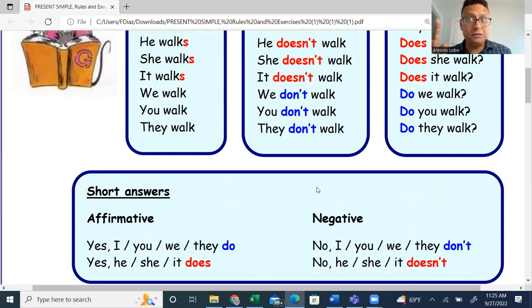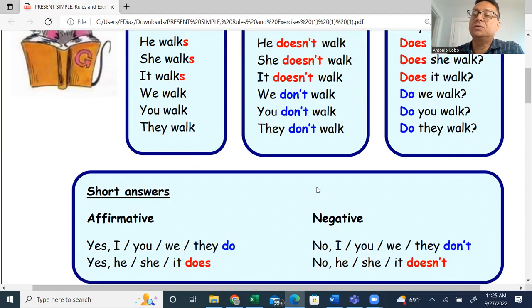Do you like to drink beer? I can give you a short answer. Yes, I do. No, I don't. Do you understand? Long answer. Do you study English? Yes, I study English. Do you study French? No, I don't study French.